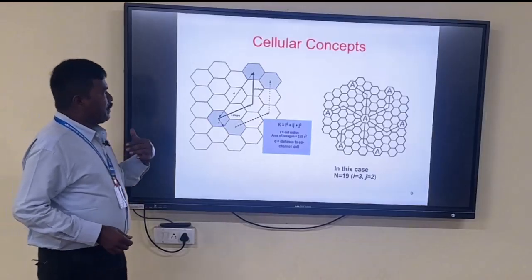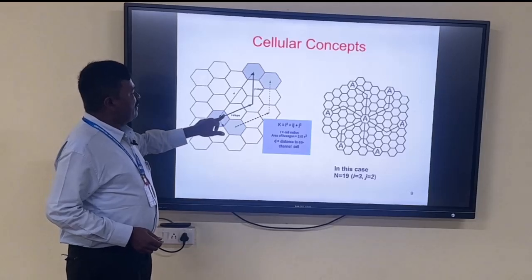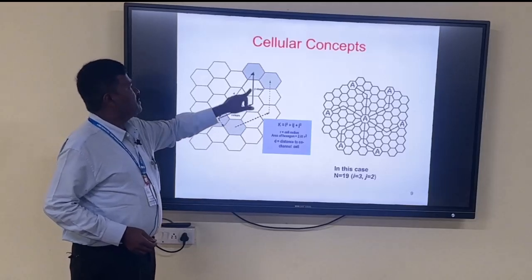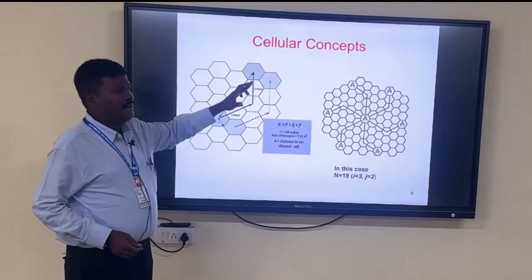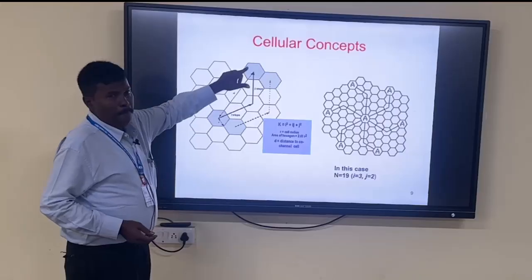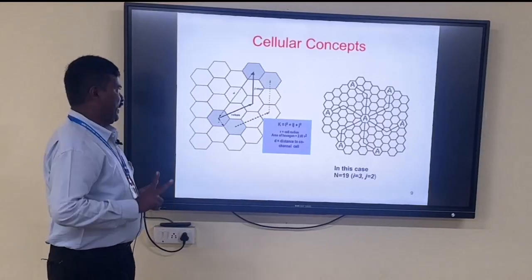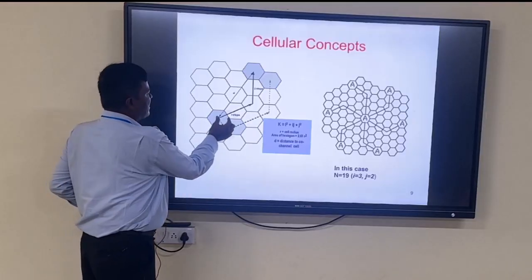As I told you, how it moves, the i movement as well as the j movement of cells over here, the distance can be calculated from here to here. This is D, the distance between the co-channels available over here. As we know, the radius is this one.